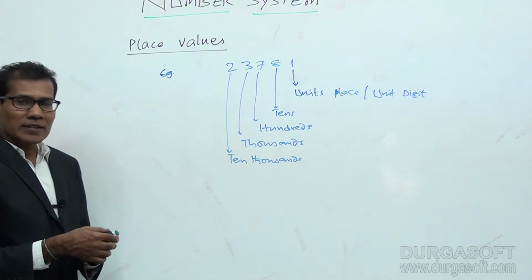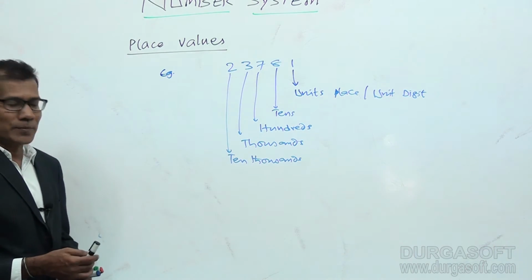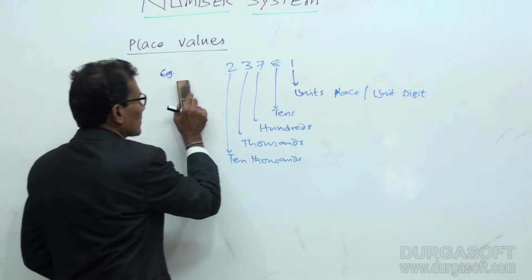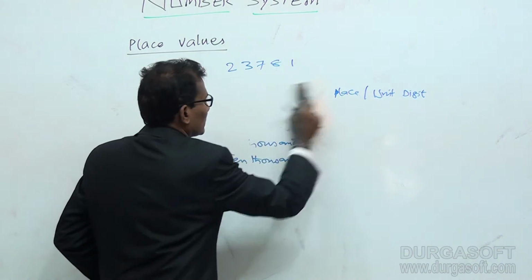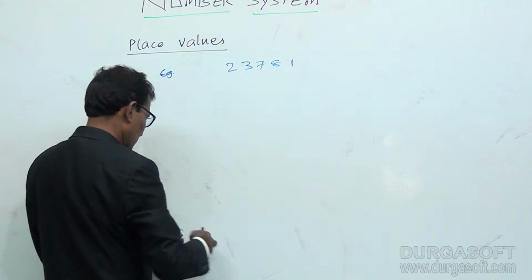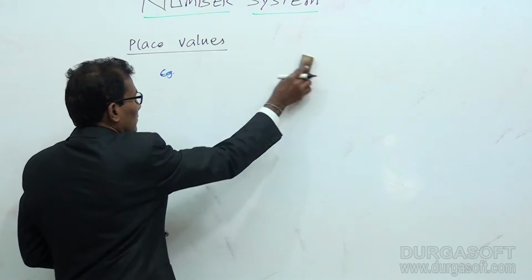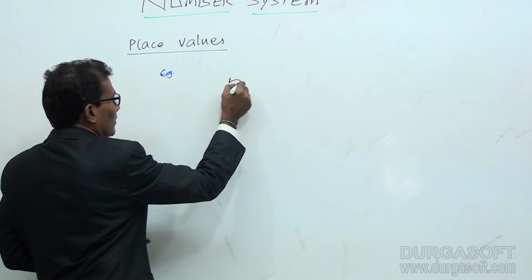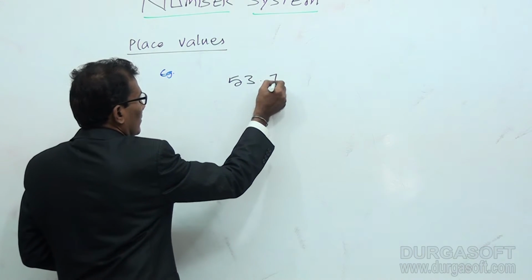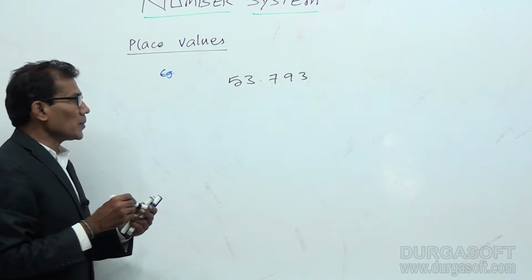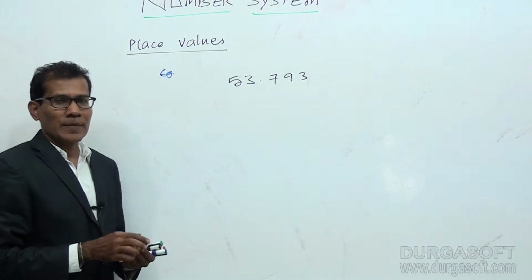In case the number is in decimal form, how are the place values given? Take 53.793.